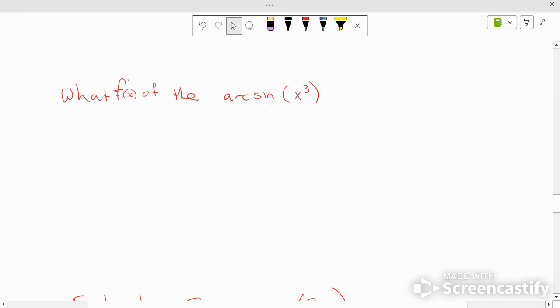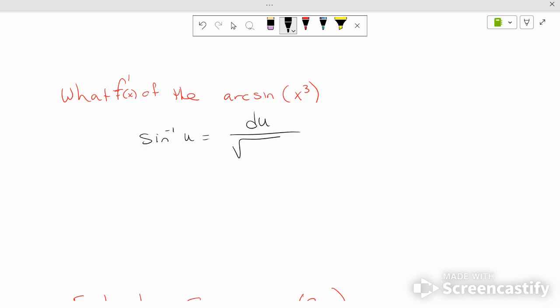Arcsine. And it's arcsine with the chain rule. All right. So what's the formula for arcsine? Well, that's the inverse sine. The derivative of the inverse sine of u equals du over the square root of 1 minus u squared, right?